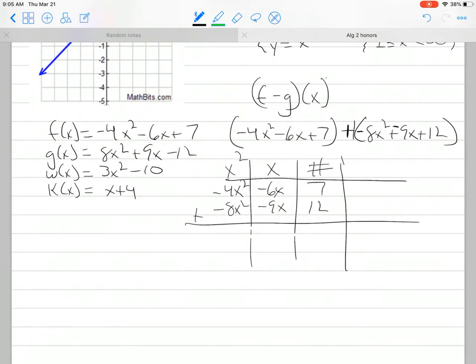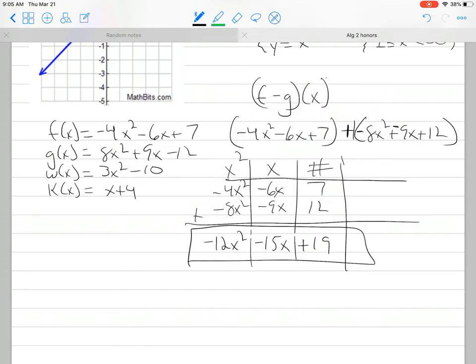And again, the whole point of this is so that I can just add here. -12x squared minus 15x plus 19. There is my final answer. All right. Second part, done.